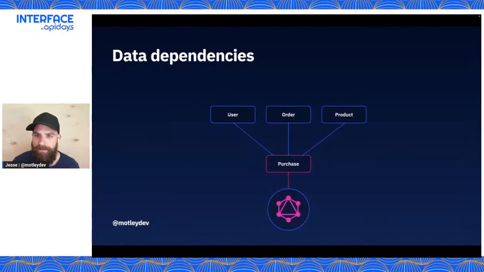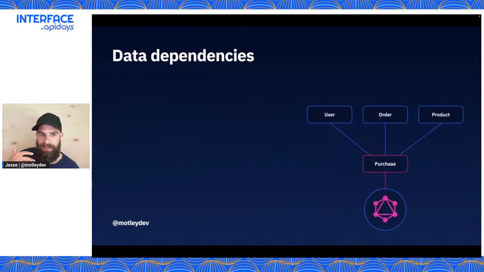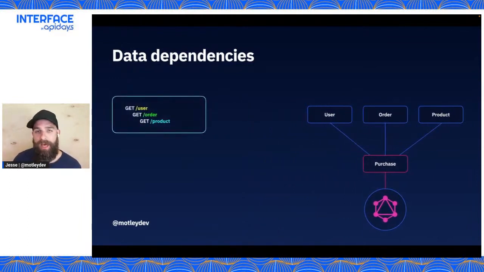Like, why not? But in the modern system, we're not allowed to do that. We have to say, no, actually, you have to jump back out to REST land. You have to jump back out to the traditional data access patterns from inside of a purchase microservice. You need to go back to getting the user, then getting the orders, and getting the products. You're not allowed to actually leverage the same API shape.